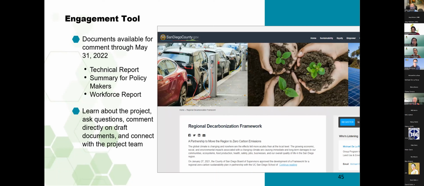For instance, for rural communities where mass transit might not reach, electrification will be important there. But I also wanted to note that many jurisdictions, including the county, are electrifying their fleets right now. So it's certainly a known and ongoing solution. But again, we don't know what those implementation plans will be yet.